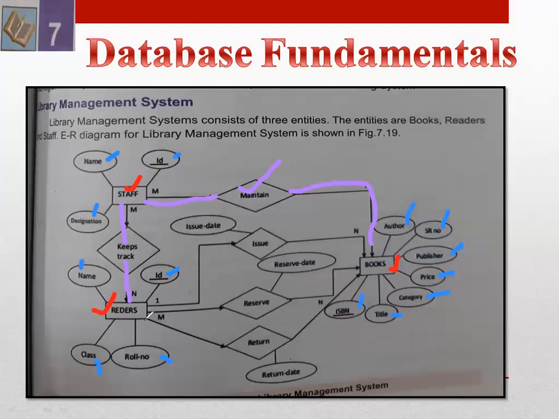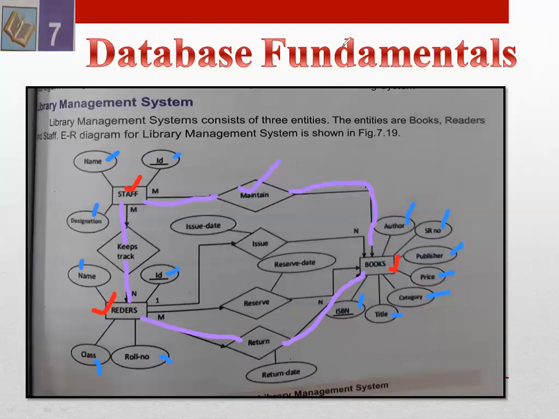Now the relationship between the readers and the books. Here you can view the reader returns books, books returned by reader. So we have one more relation between the books and the reader.